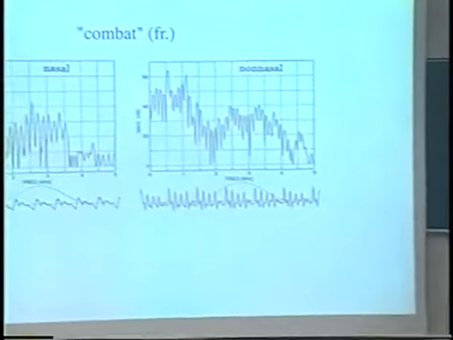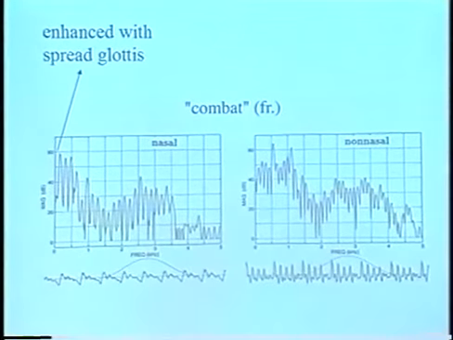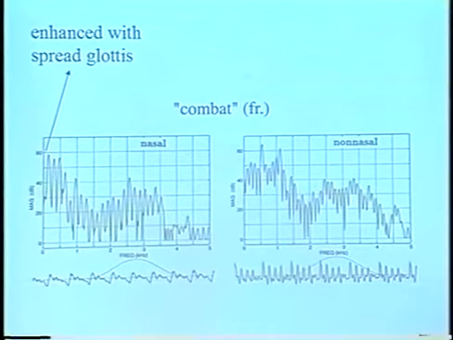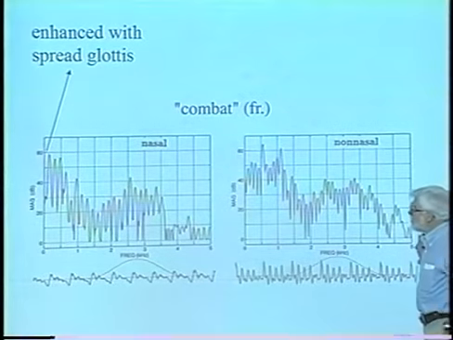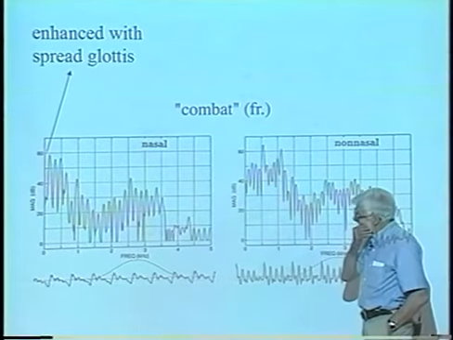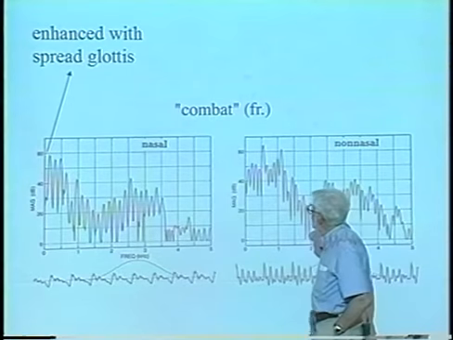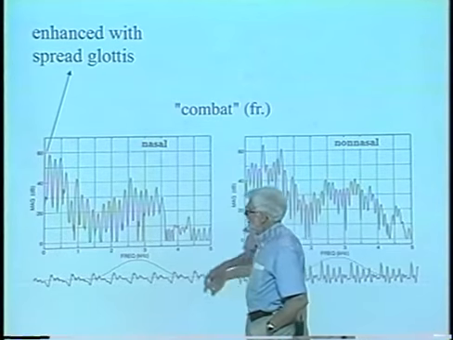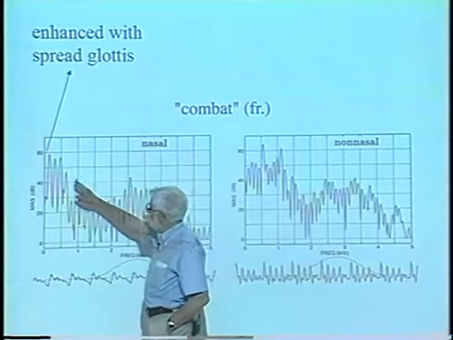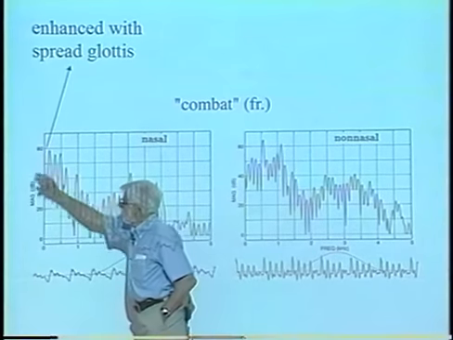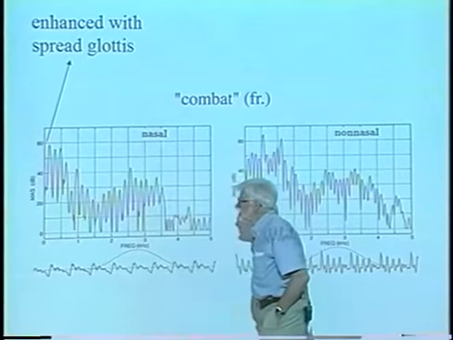Yeah, this is one in French, where you have the word combat, and the first vowel is nasalized, and just showing that when you make the nasalized vowel, you get a big enhancement of the low frequencies.